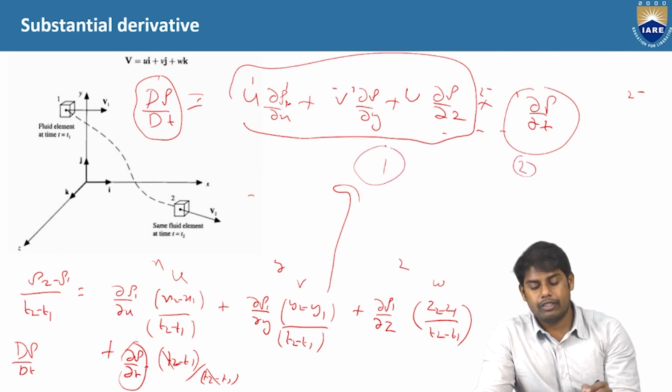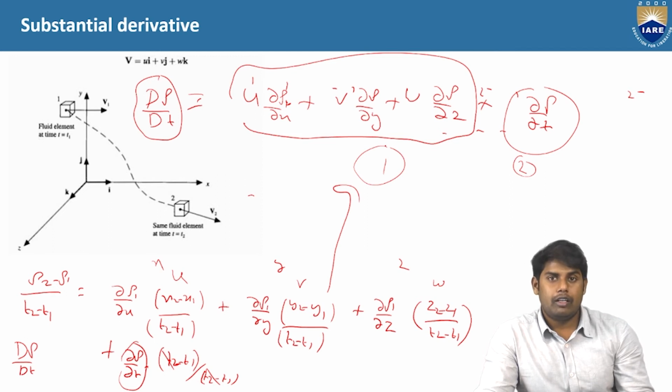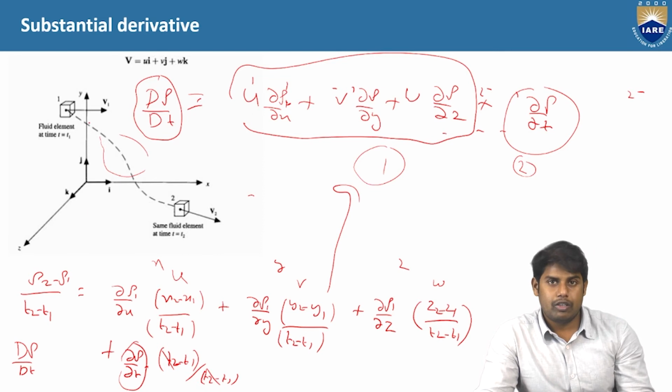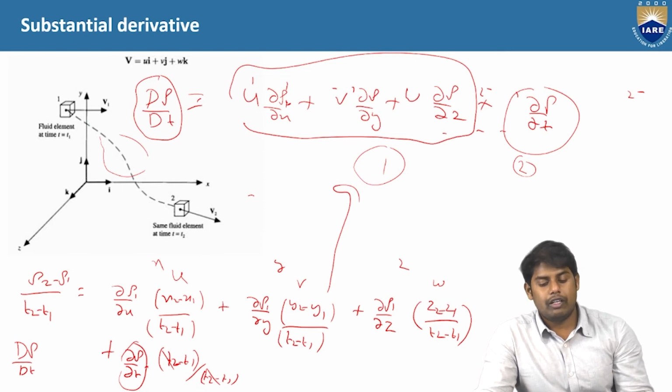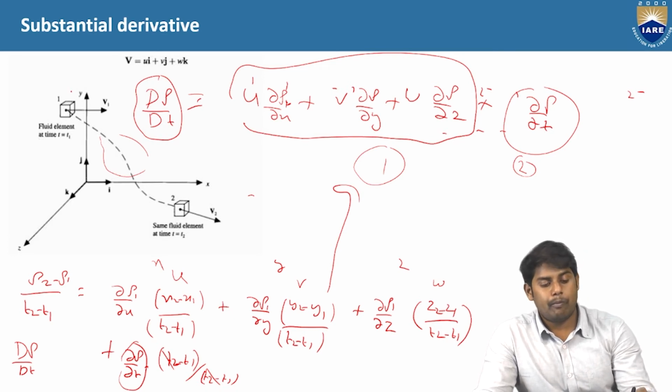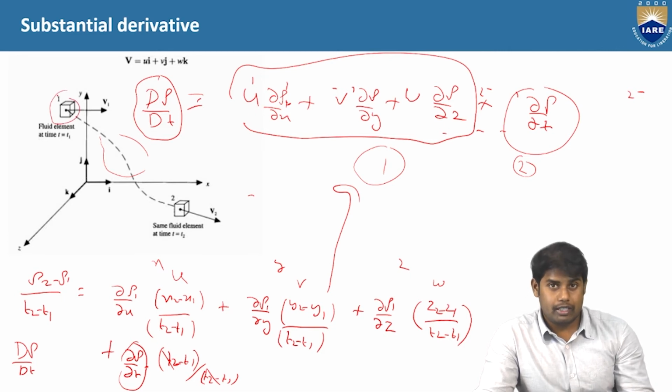The first term discusses the convective acceleration: when the fluid particle is moving from 1 to 2 because of the motion of the fluid particle with respect to space, what is the acceleration associated with that? Information will be given using the first term, and the second term discusses what the acceleration is at a particular point and a particular time instant.